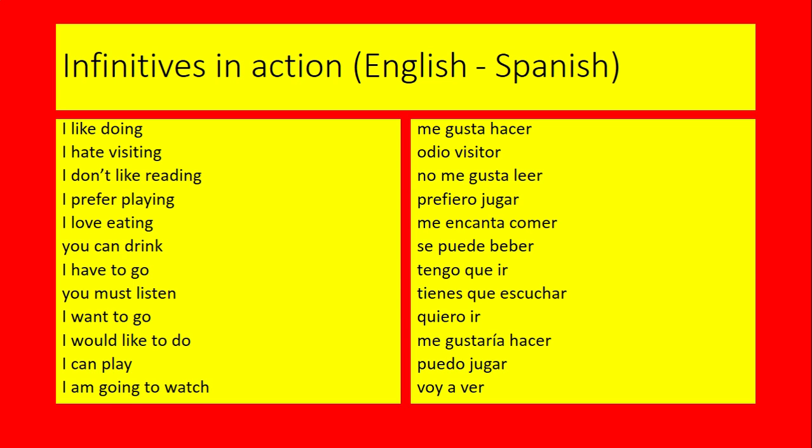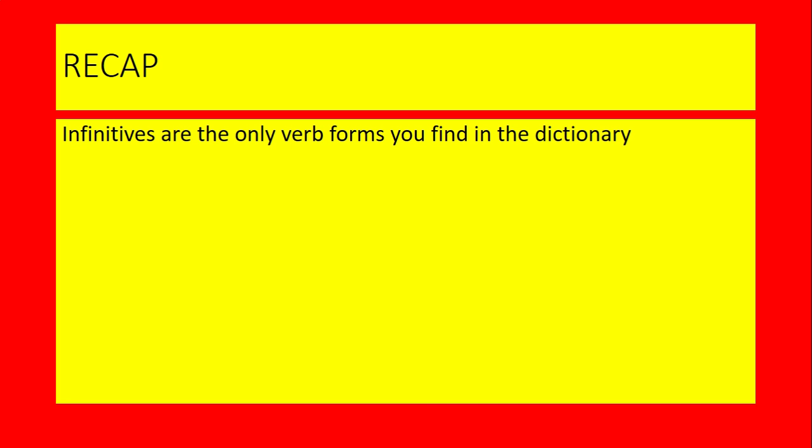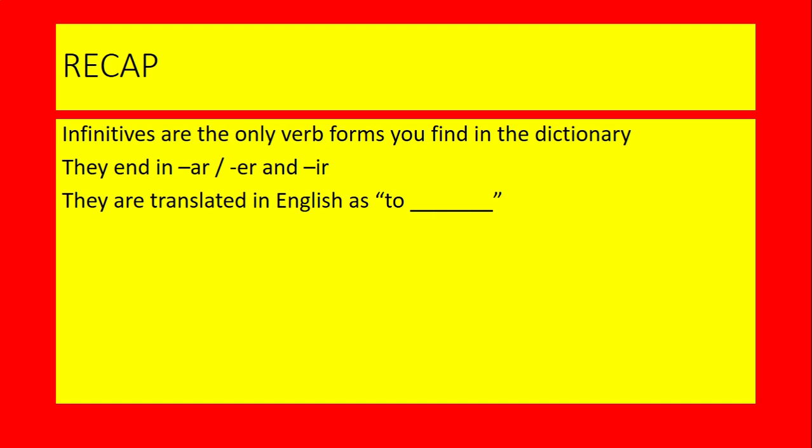Should be visitar. So to recap, the infinitive is the only part of a Spanish verb that you will find in a dictionary. They always end in AR, ER or IR, and in English they are translated as to whatever. Remember, AR verbs are by far the most common.